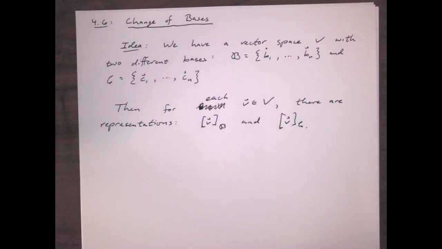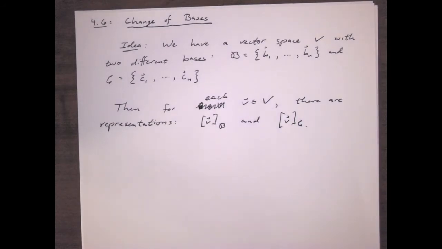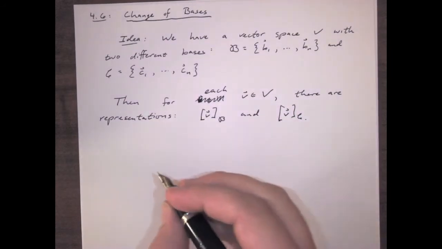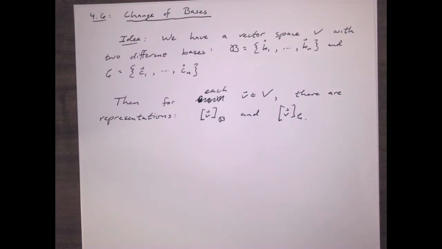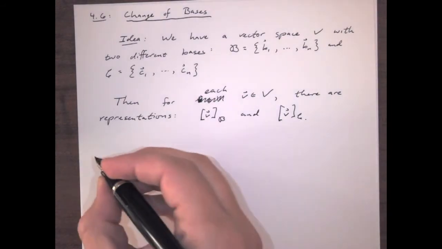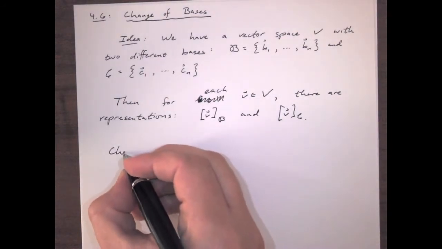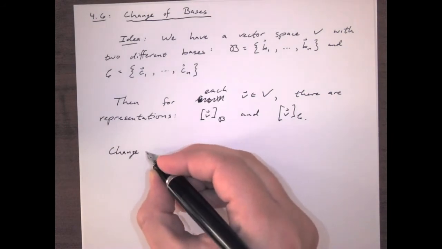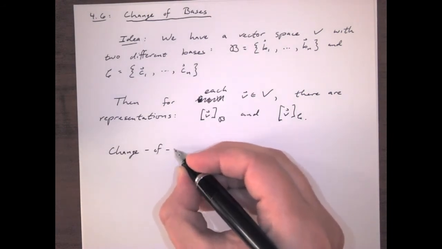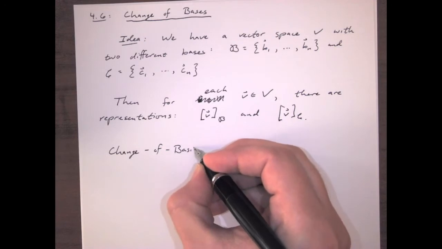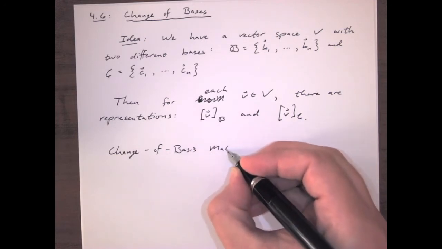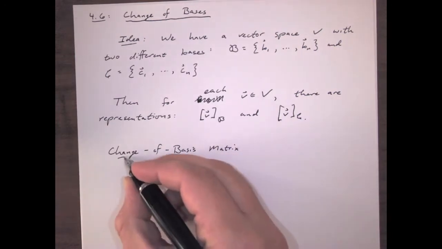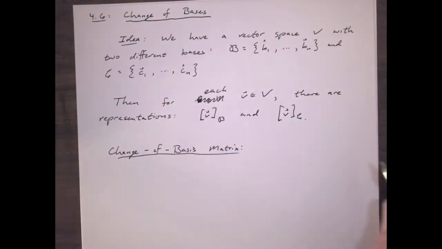Now, if we want to try to convert from a representation in one direction to a representation in the other, one way we can do that is through what is called a change of basis matrix. The way we write it is like so.